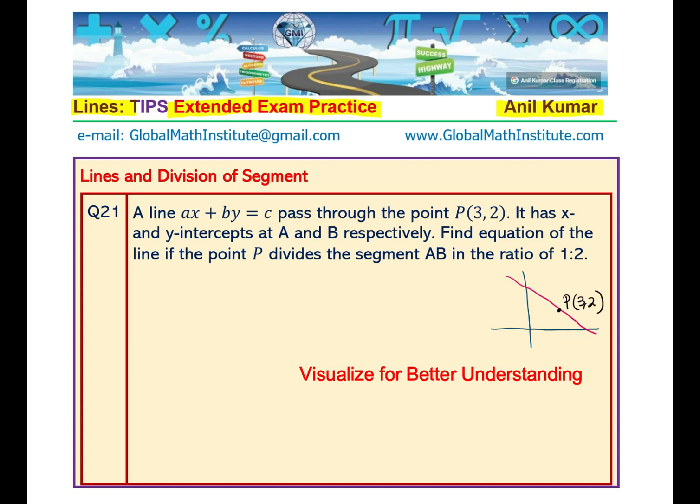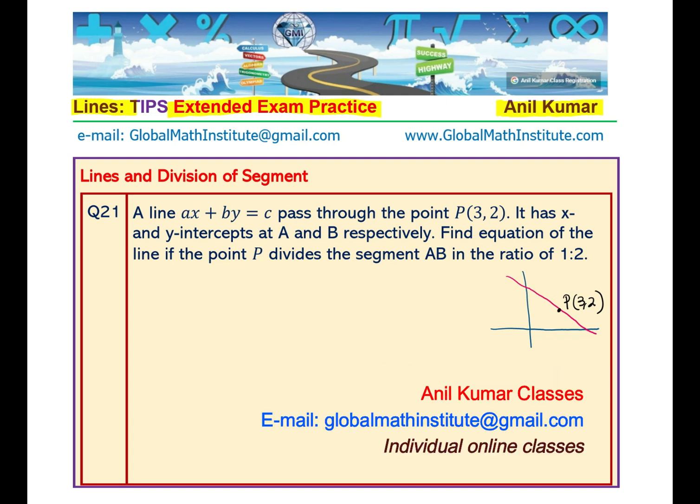A and B are the x and y intercepts. Let's say this is point A and this is point B. It means that AP is to PB is 1 is to 2. That is what is given to us.